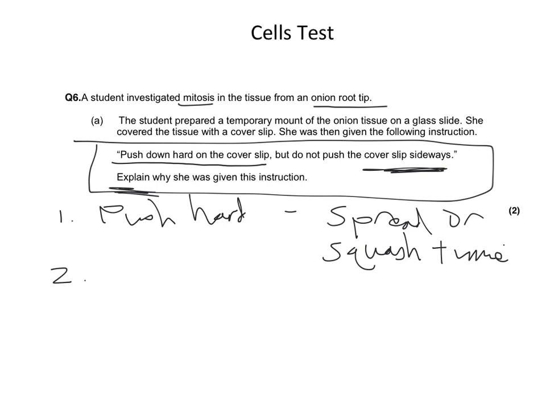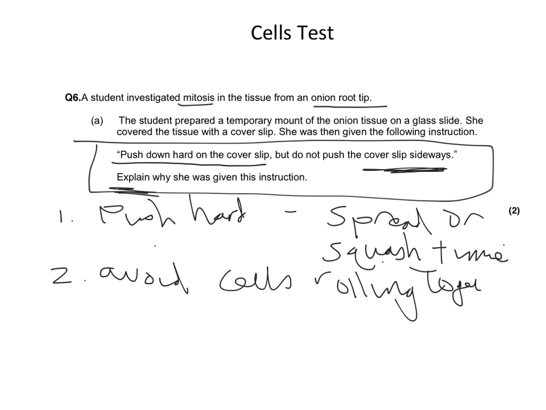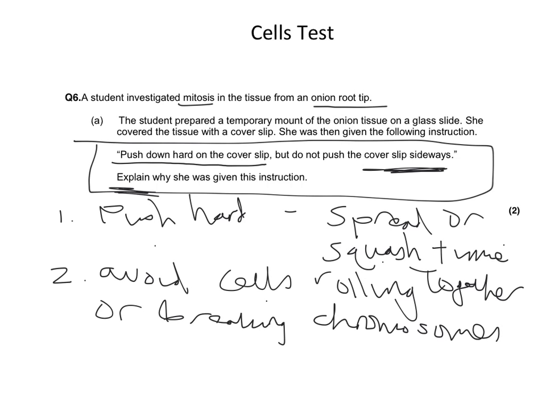Well, the reason is that you're avoiding the cells rolling together. The problem with that is that you won't then be able to distinguish the chromosomes. So avoid the cells rolling together or breaking of chromosomes, because you're trying to observe chromosomes in mitosis, so you don't want to affect your view.